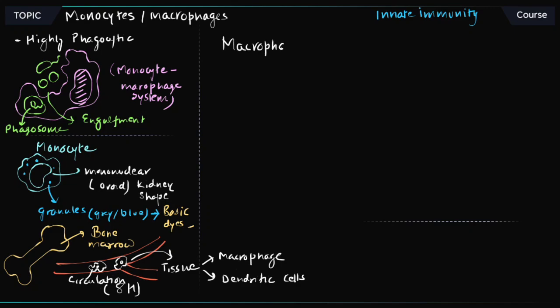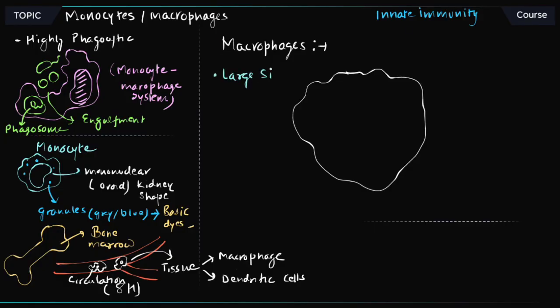We will be detailing all the receptors that are present on macrophages, and this becomes very, very important for us. Let me draw the structure of the macrophage. It will have a central nucleus. The macrophage is larger than the monocyte, and it will have more phagocytic organelles than the monocyte that we discussed.